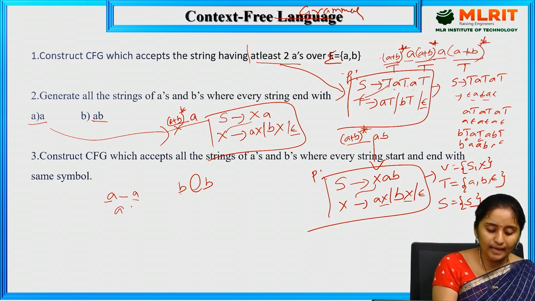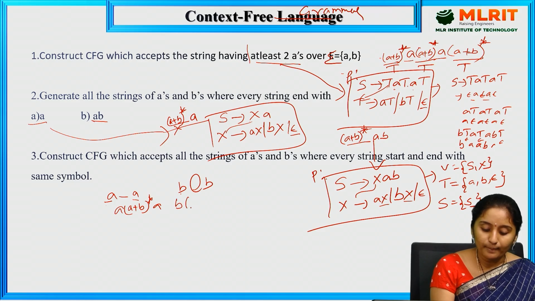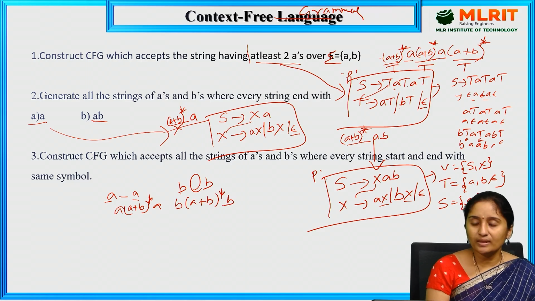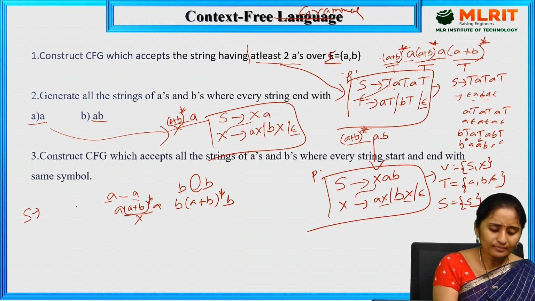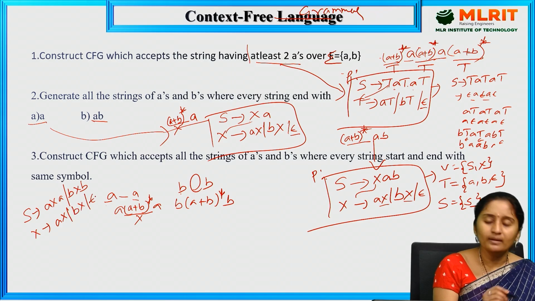So let us take A (A+B)* A, or we can have B (A+B)* B. So in this way, the grammar should be there. Let me replace it with some X. S produces A X A or B X B. Then I can replace this X with A X or B X or epsilon.